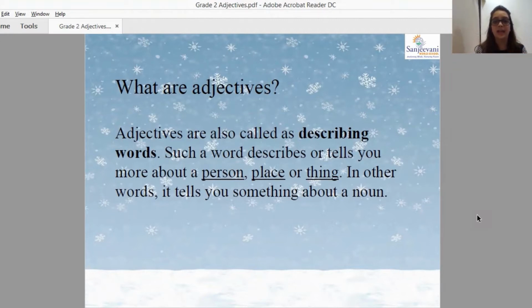In other words, whatever word describes a noun, that is name, place, animal, or thing, it is called an adjective.